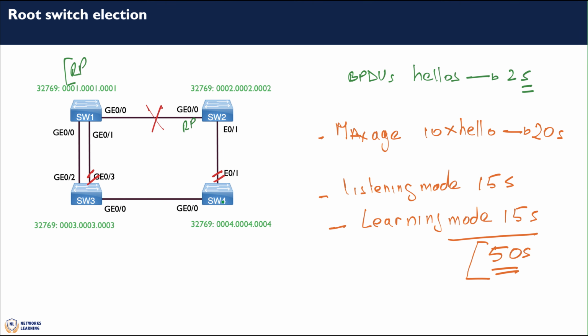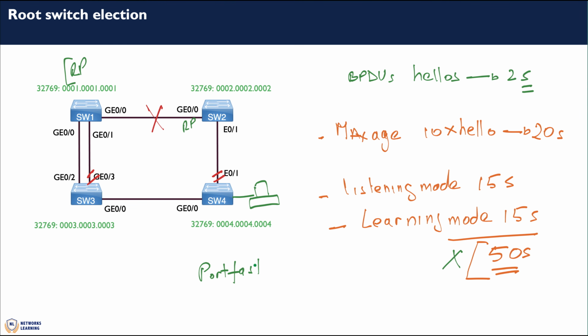So assume, for example, you have a PC connected to this switch. When you plug in your PC, or there is an outage on the port and the port comes back up again, you don't want to be waiting 50 seconds for this PC to get its IP address and be online. So one of the improvements is to use a feature called PortFast.